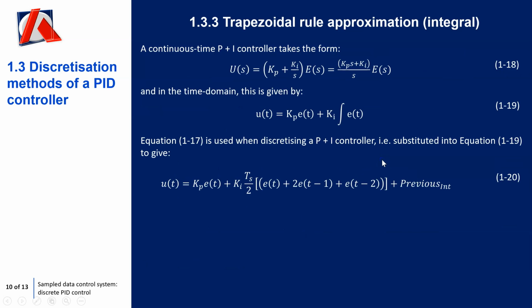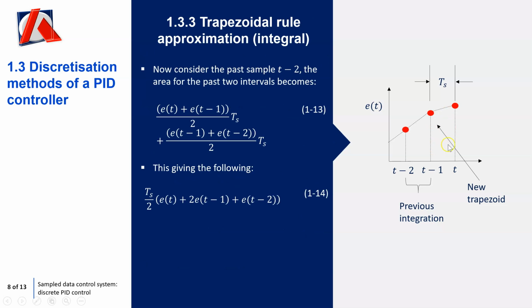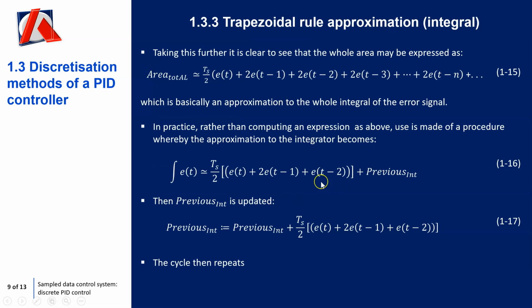If you imagine, we've got this area and this area being determined, and then if the controller had sampled maybe 10 times, it's got all those past integrals. What it's done, in terms of the previous areas, is sum them in this previous int.